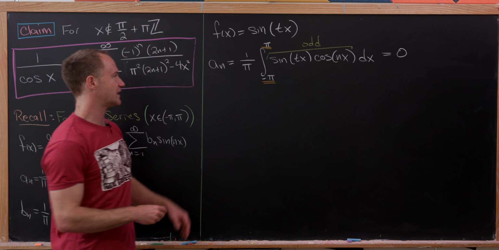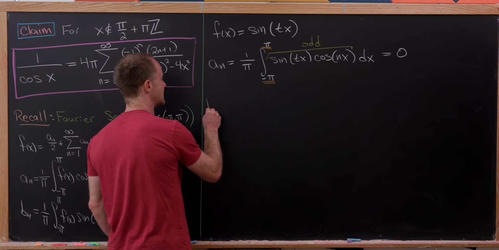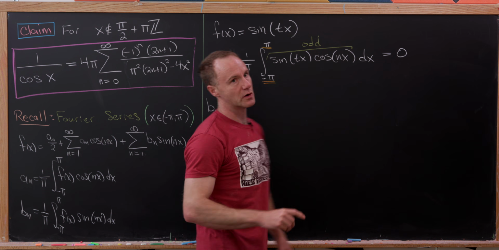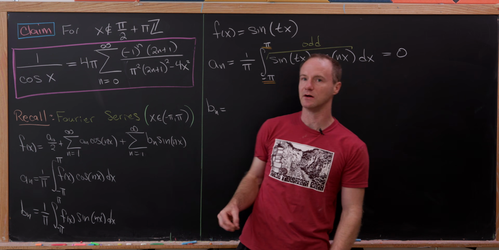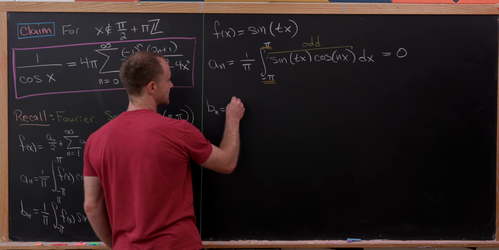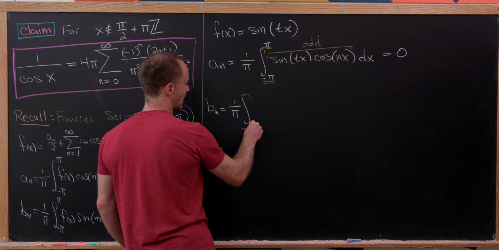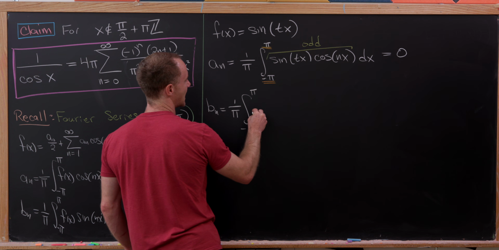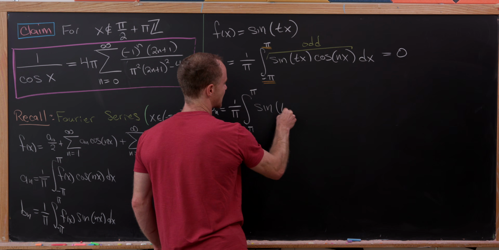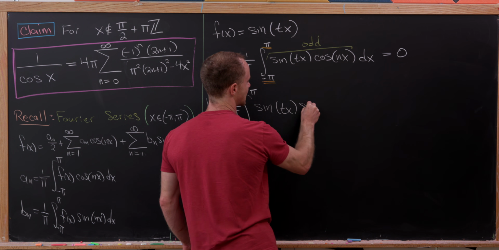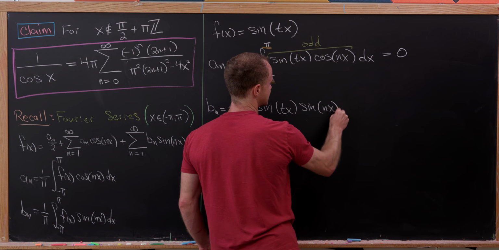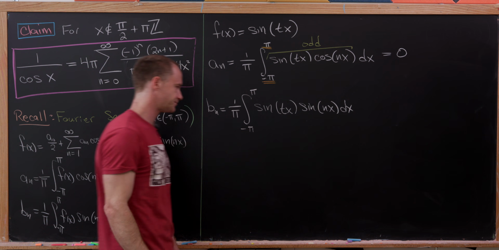Okay, so now let's move on to the b_n coefficients, those coefficients in the sine sum of the Fourier series. Again, we've got this factor of 1 over pi, then the integral from minus pi to pi of sine of t times x times sine of n times x dx.